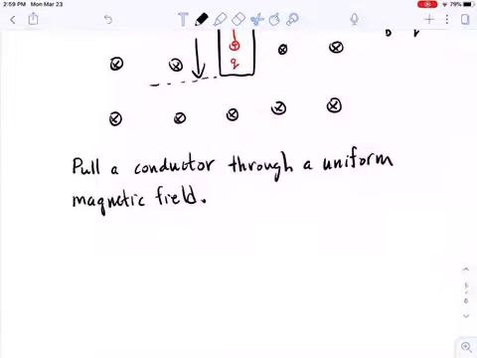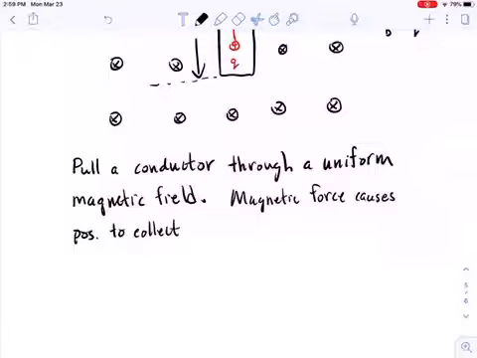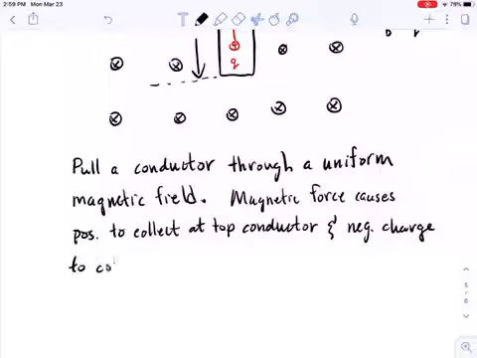So the magnetic force causes positive charge to collect at the top of the conductor and negative charge to collect at the bottom.